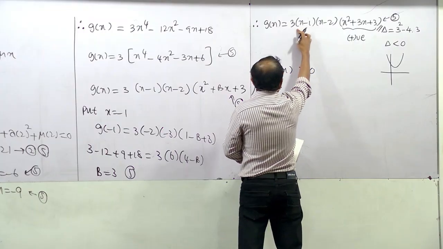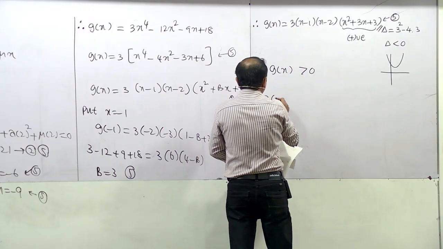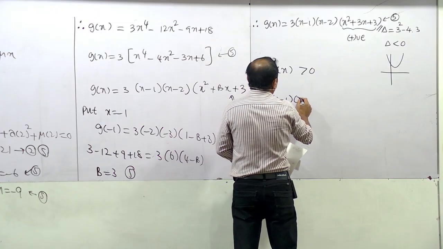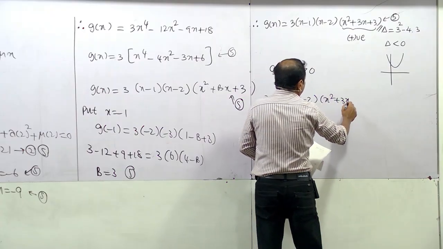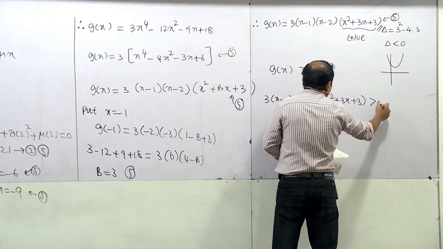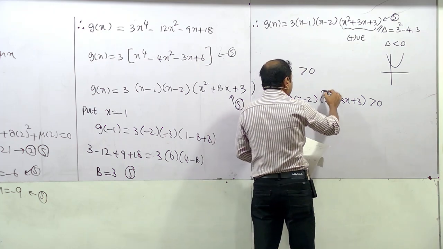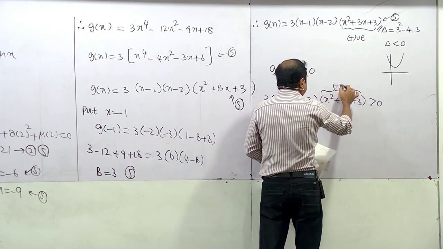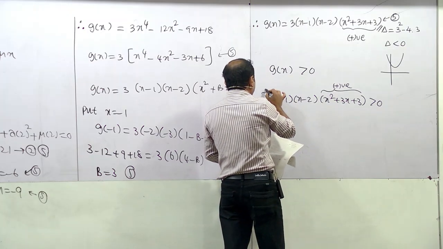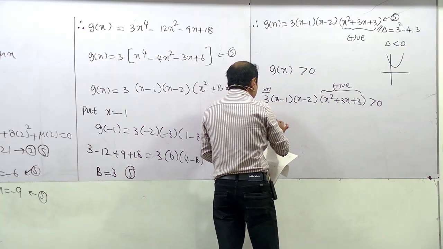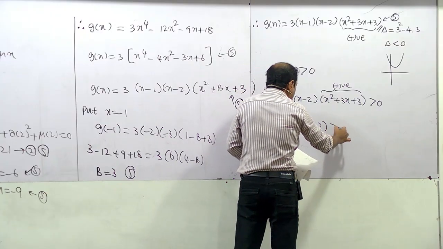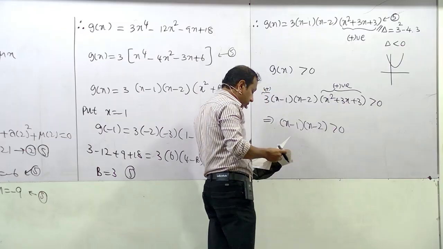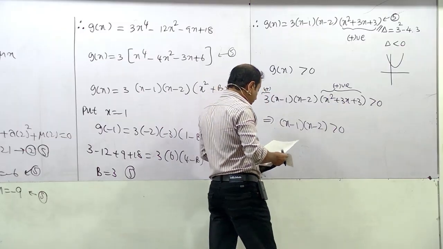Substitute for g(x) this 3 times x minus 1, x minus 2, x squared plus 3x plus 3 greater than 0. We said this is positive. This 3 also positive. Then for this product to be positive, x minus 1, x minus 2 should be positive. Okay. For this 5 marks.